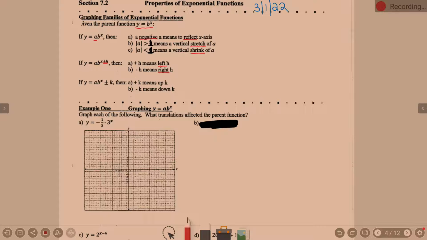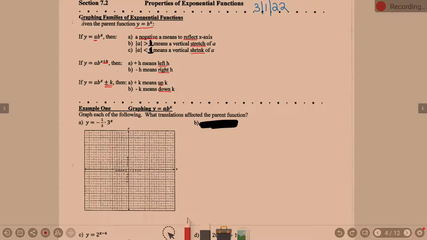What if there's a number just added or subtracted at the end? Plus or minus k is going to be up or down, yes? If it's at the end, away from everything else, that's just up or down. The direction of the sign, so plus k means up k, a minus k means down k. That's kind of review in a way. It's just putting it in a new situation.